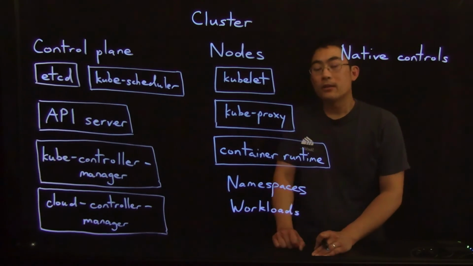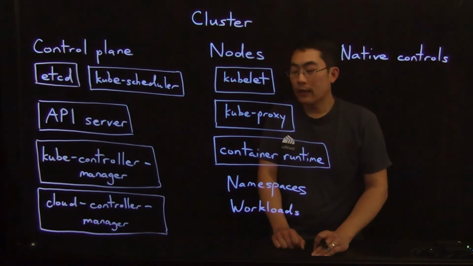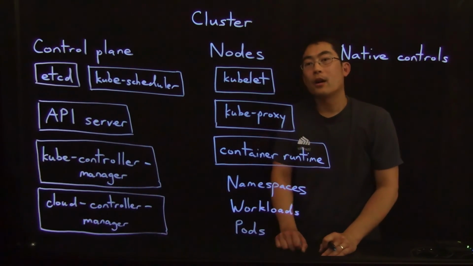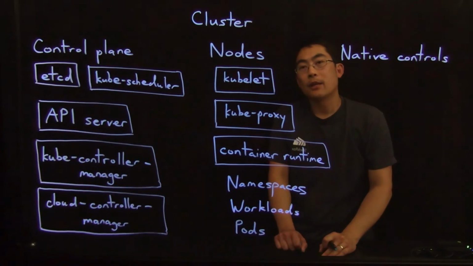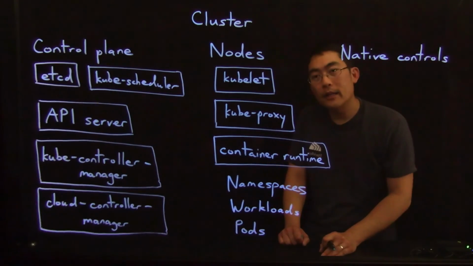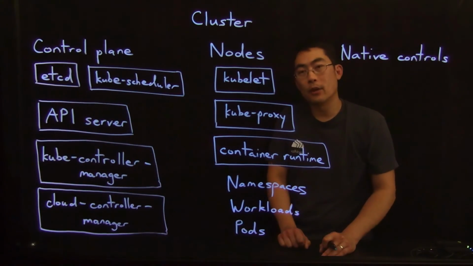That then takes us to the lowest level of individual compute within a Kubernetes cluster, which are pods. Pods are the smallest unit that can be created and managed within Kubernetes, and they consist of one or more tightly coupled application containers. Pods in a cluster can be hardened and secured using multiple different approaches.